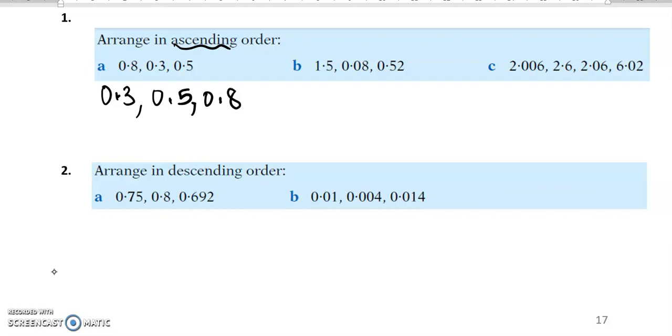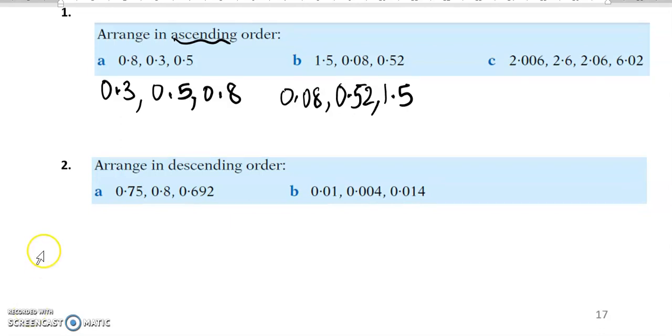Alright, in these ones I've got 1.5, well that's going to be the biggest. 0.52, which is over half, that's going to be the next biggest. And 0.08, which is going to be 8/100ths. So if you like, I've got 8/100ths, 52/100ths, and 1.5. You try the last one.